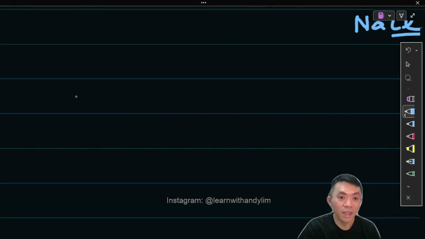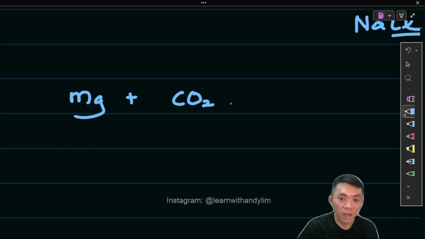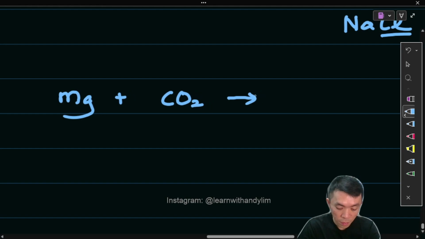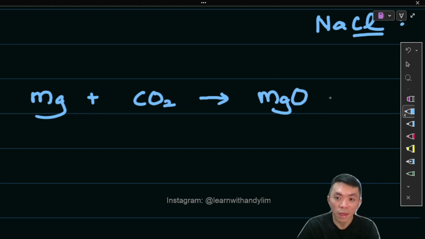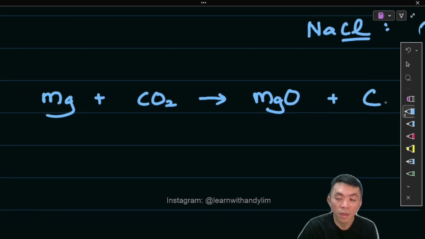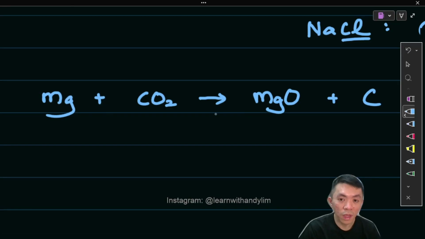In the earlier example, I have magnesium reacting with carbon dioxide, and then it produces magnesium oxide and carbon. If I were to balance this out, I'm going to put a 2 here and a 2 right here. I think we're all balanced, all good.